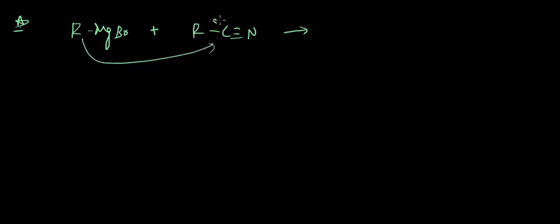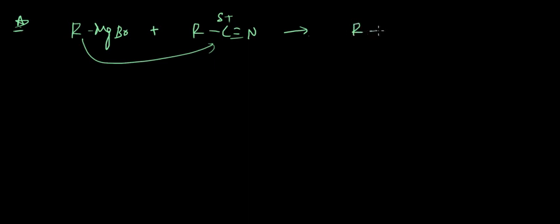So next we'll be seeing the reaction of nitrile group with RMgBr, or Grignard reagent. We have something like this. So what will happen is, this R will attack this partially delta positively charged carbon atom.